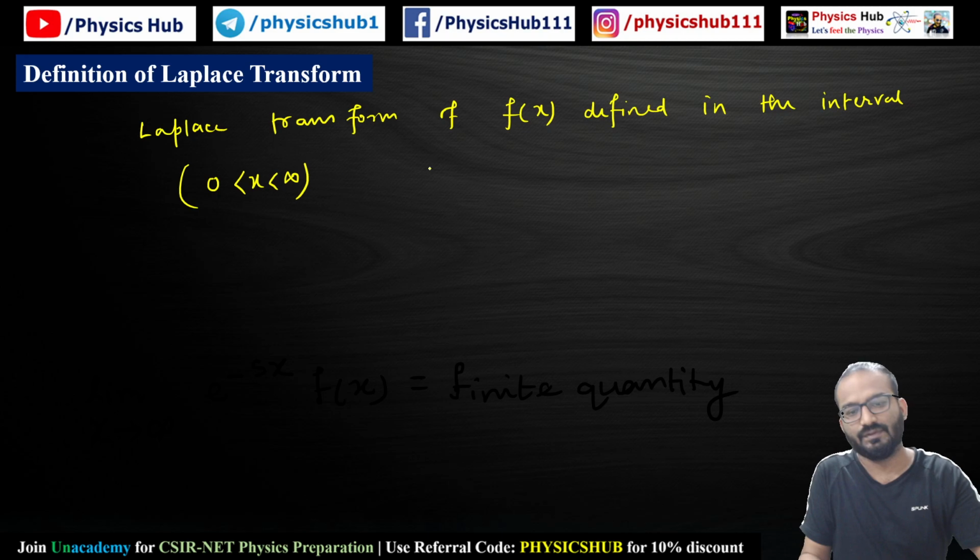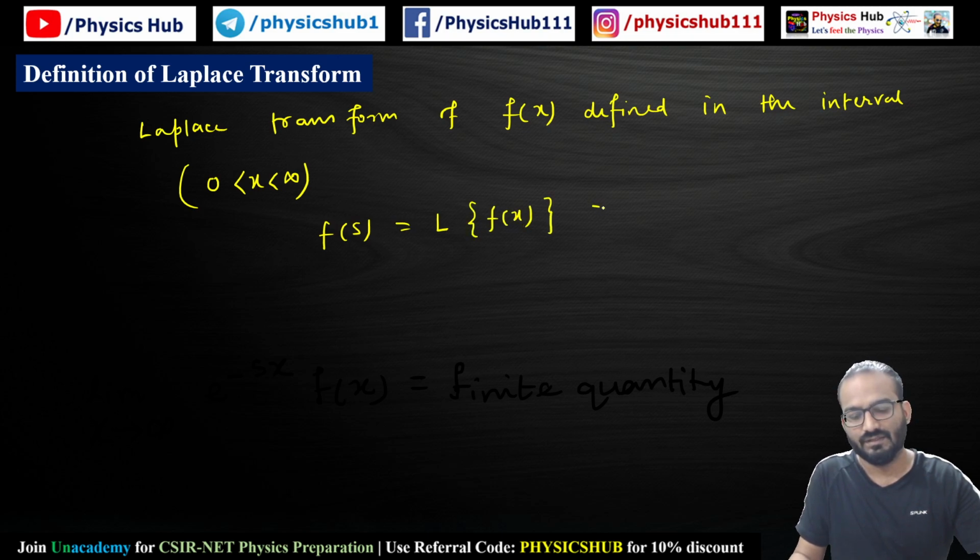Then it is defined this way: F of s, which is nothing but the Laplace transform of f of x, is given by the integral from 0 to infinity of e to the power minus sx into f of x dx.